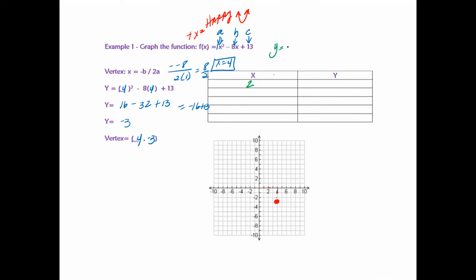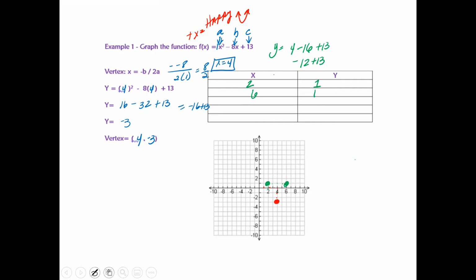Well, the y is going to be 2 times 2 is 4, 2 times 8 is 16, 4 minus 16 plus 13. That's a negative 12 plus 13, which is a positive 1. So at 2, it's going to be at 1. Now, looking at the symmetry of this, do you see how this dot is 2 spaces away from 4? So go 1, 2 over here, which is going to be 6, and it's also going to be 1.